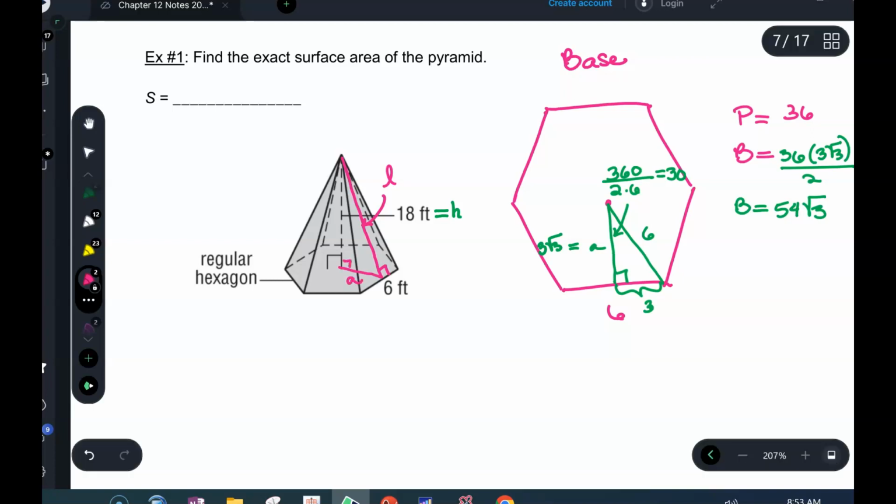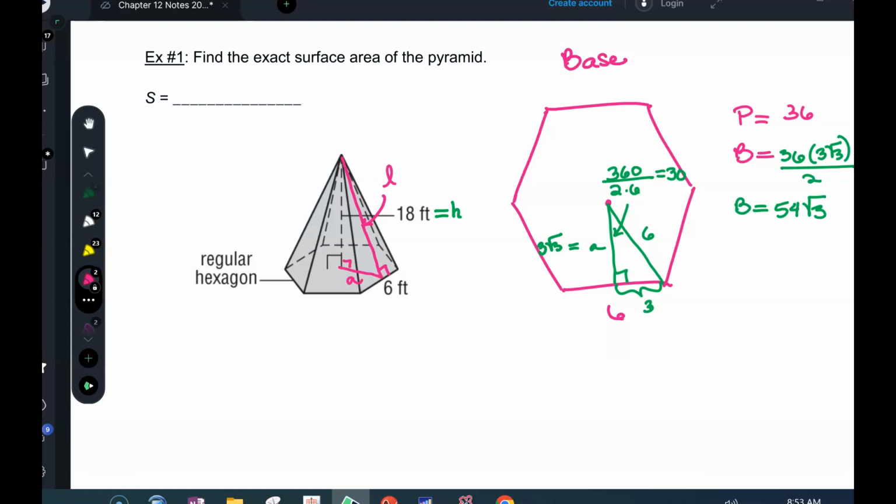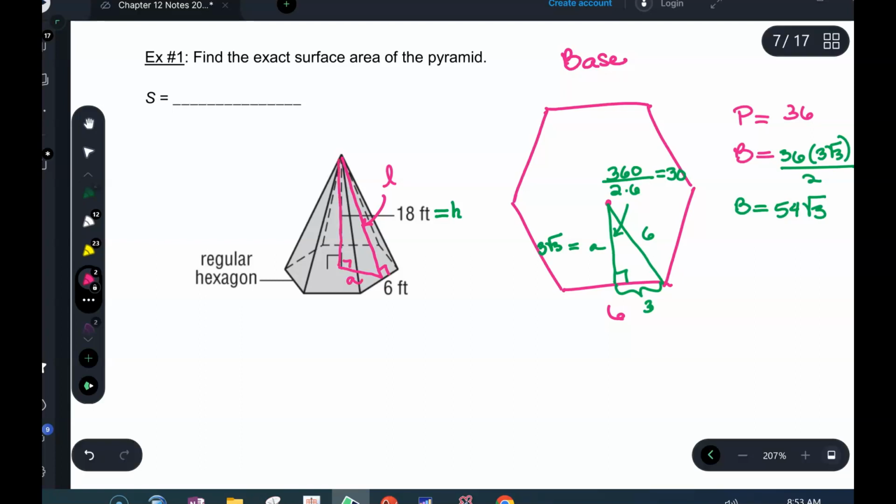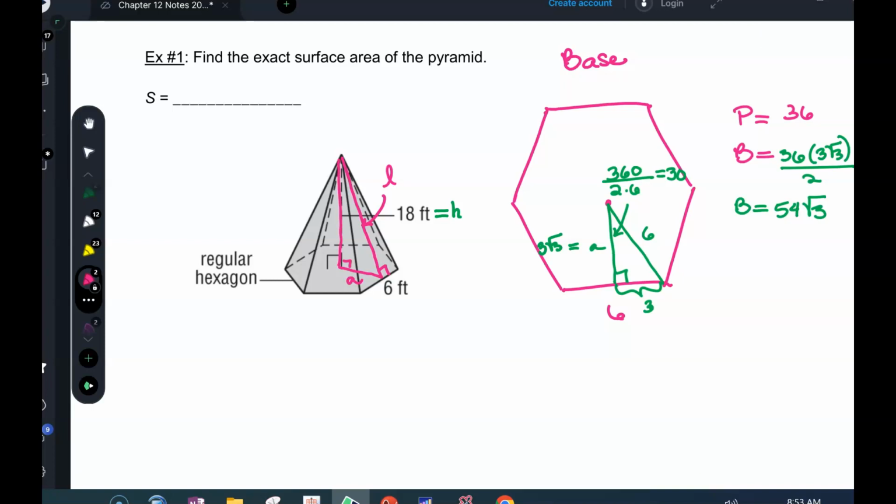You see this? It's a right triangle that goes from the height to the apothem to the slant height. You just have to use your imagination that there's a triangle inside of there.